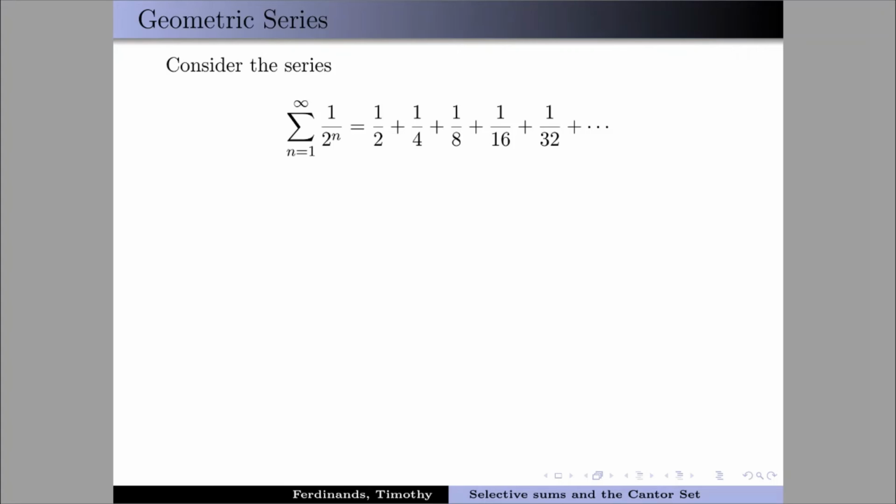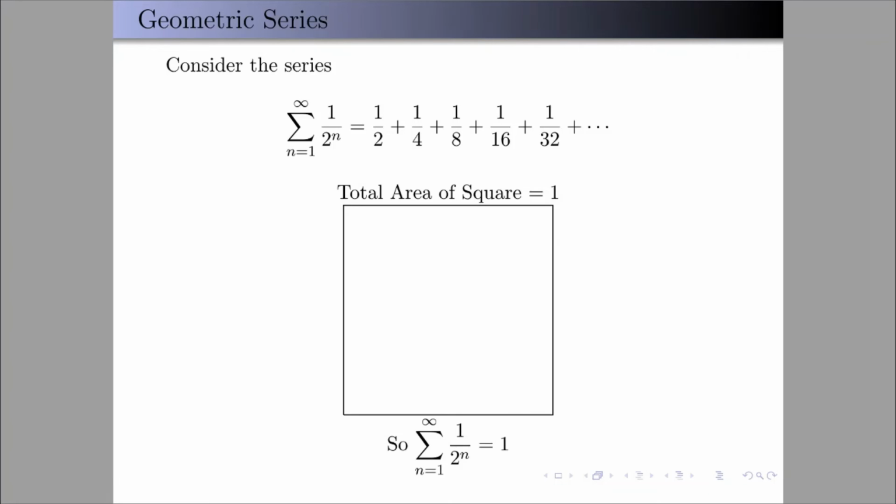And so if we look at this square here, now suppose this is a square where the total area of the square is 1. The first term can be represented by the 1/2. And so that's area 1/2.